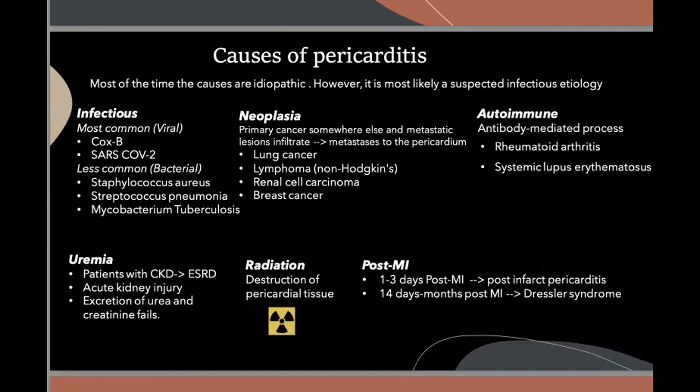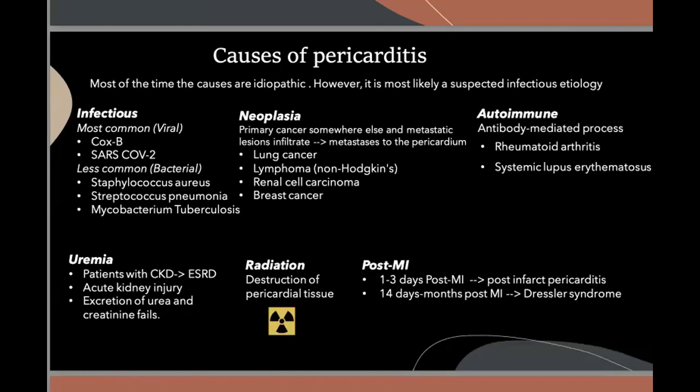And then we have radiation, which goes hand in hand with neoplasia. If we have someone with cancer, then obviously radiation therapy will come into play, and the patient is more prone to having destruction of pericardial tissue due to radiation.